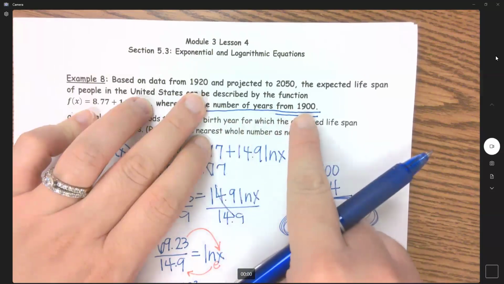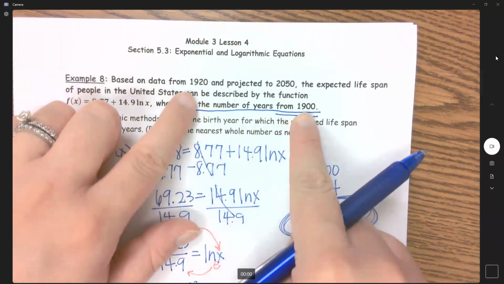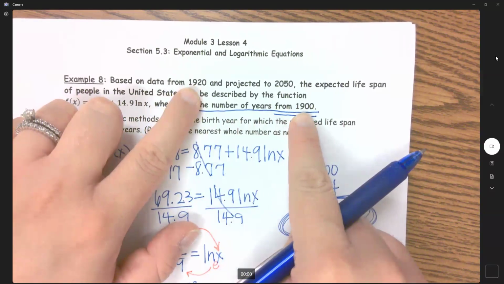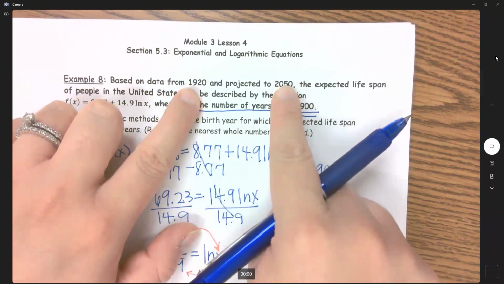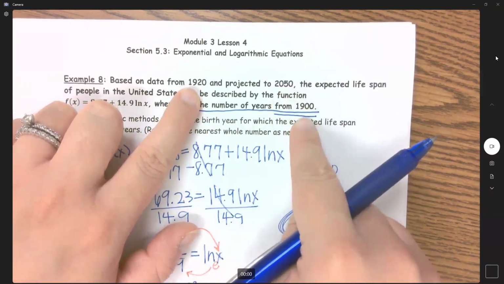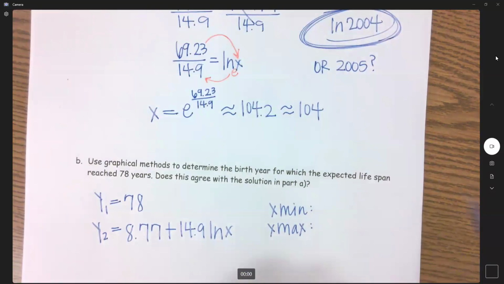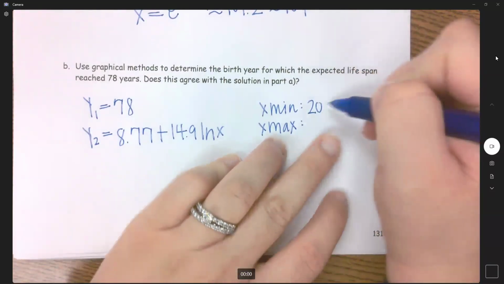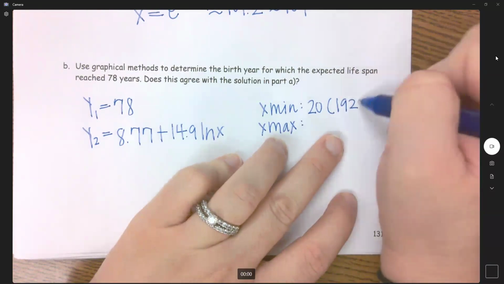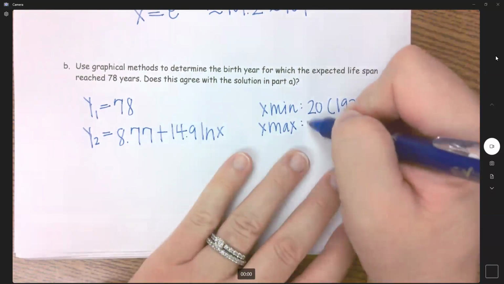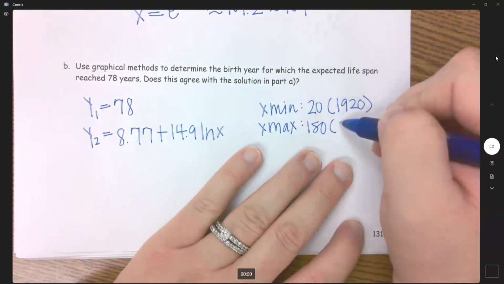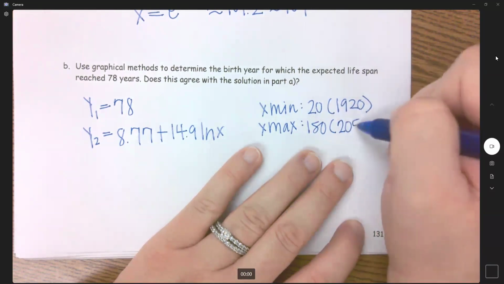If x is the number of years after 1900, we're 20 years past, and this one here would be 150 years past 1900. So I'm going to do X min of 20, representing 1920, and X max of 150, representing 2050.